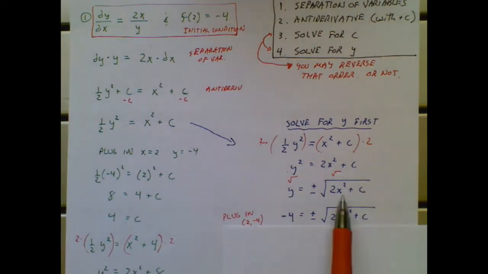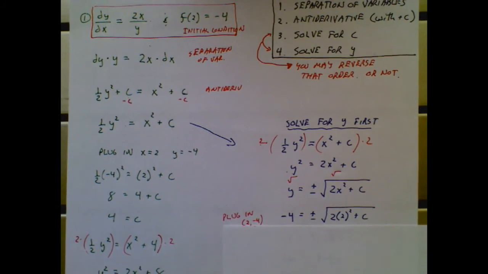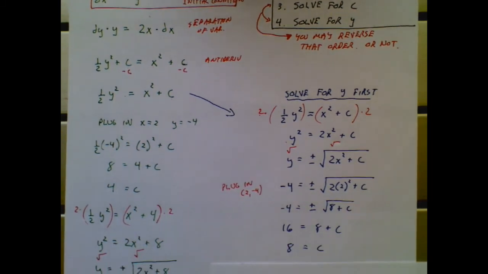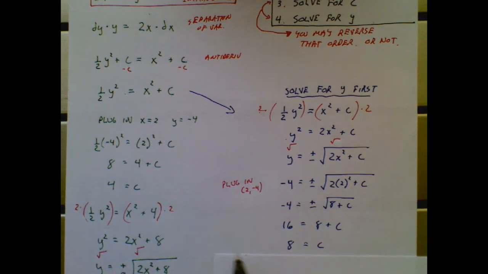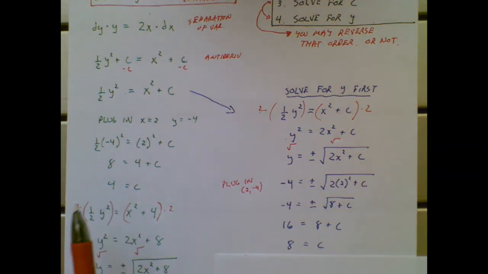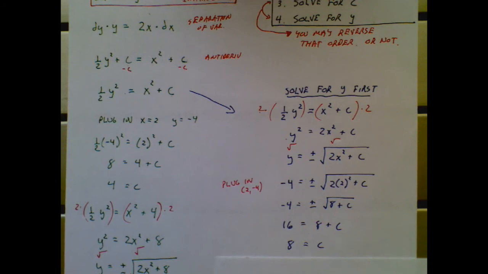There's my y, there's my x. That allows C to be the only thing we don't know in there, so I can go ahead now and solve for C. All algebra solving for C, I get C equals 8, which seems wrong because we got C equals 4 over here. It's actually right, we're just following a different path.